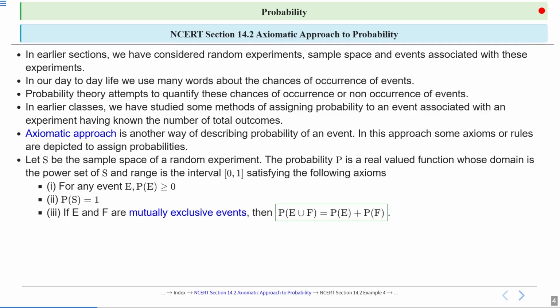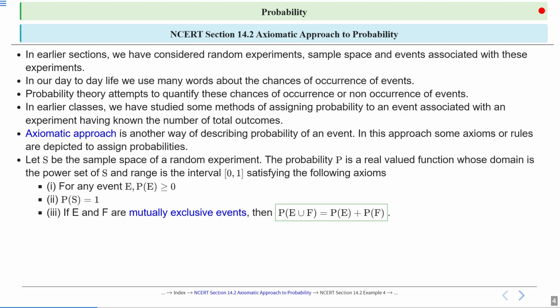And the third axiom: if E and F are mutually exclusive events. You have studied in a previous class what a mutually exclusive event is.